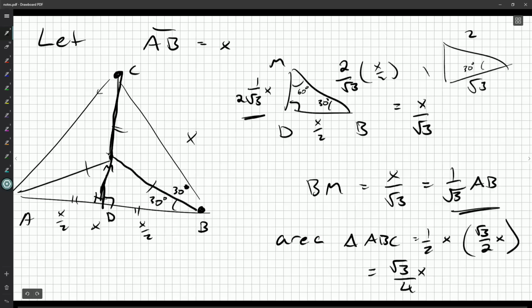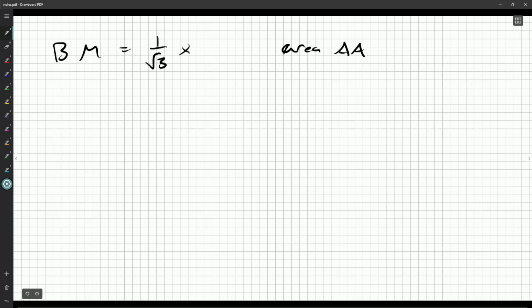So root 3 over 4 times x squared is the area here. All right, so BM is 1 over root 3x. Area of triangle ABC is root 3 over 4x squared.